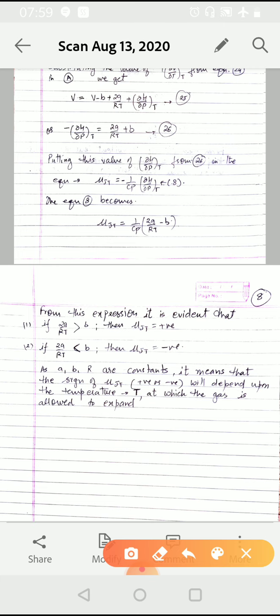From this equation, it is evident that if 2a/RT is greater than b, then μJT is positive, and if 2a/RT is less than b, then μJT is negative. And as a, b, R are constants, it means that the sign of μJT, whether positive or negative, will depend upon the temperature T at which the gas is allowed to expand.